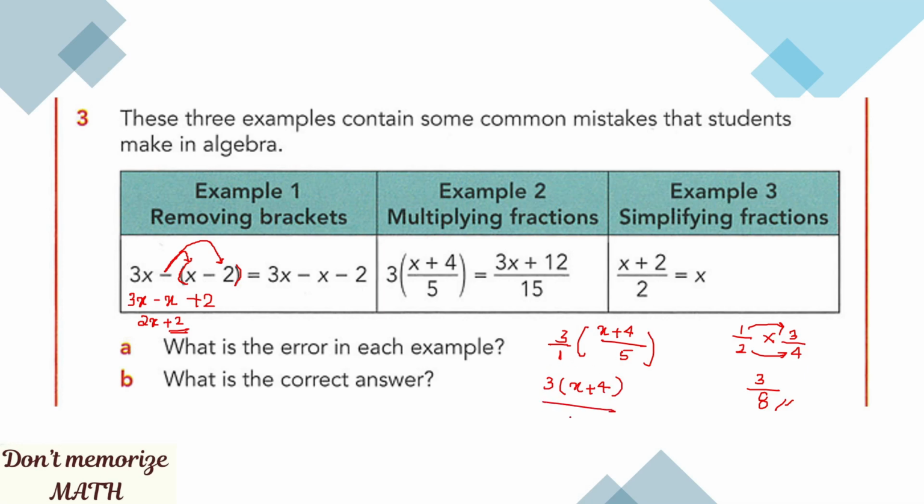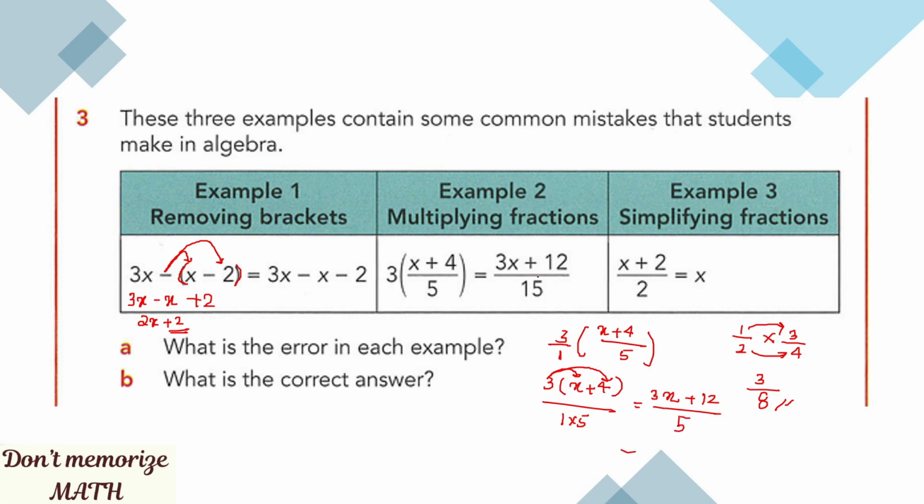As in the previous question, the number is outside the bracket with no sign, so it means multiplication. So 3 times x is 3x, 3 times 4 is 12, so plus 12, over 1 times 5, which is 5.